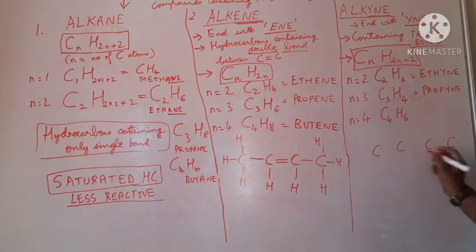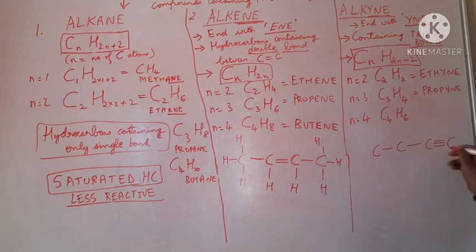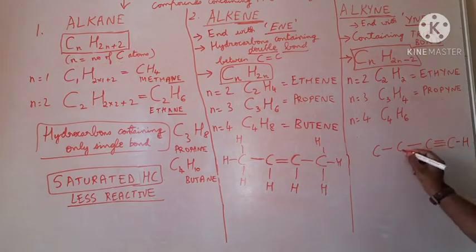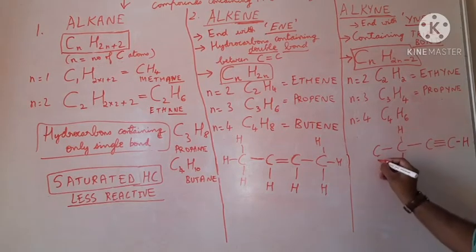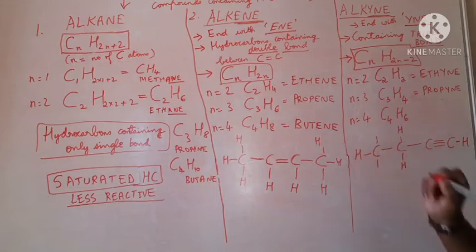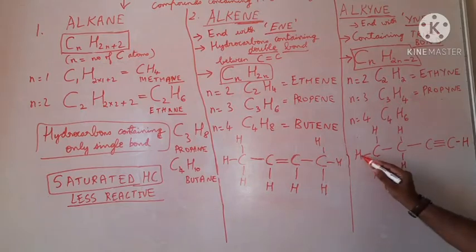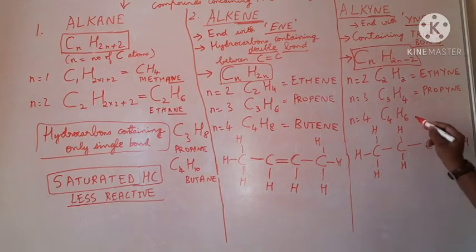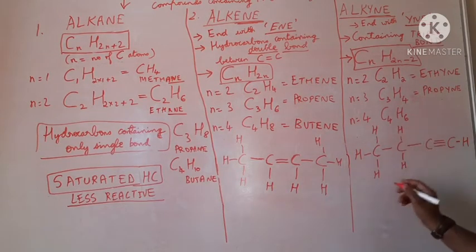Join them using bonds, and one bond has to be a triple bond, and add the hydrogen atoms. So 1 hydrogen atom can go here. This is already filled. This can take 2 more, and this can take 3 more. So 1, 2, 3, 4, 5, 6. 6 hydrogen atoms are present, 4 carbon atoms are present, triple bond present, and valency is done.